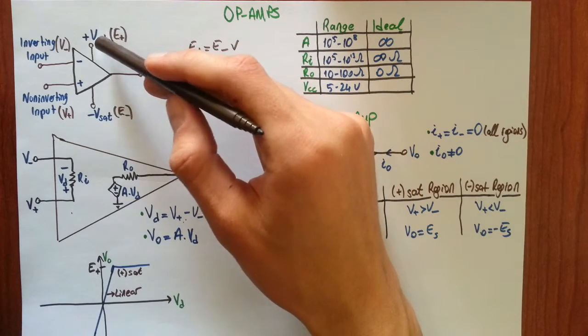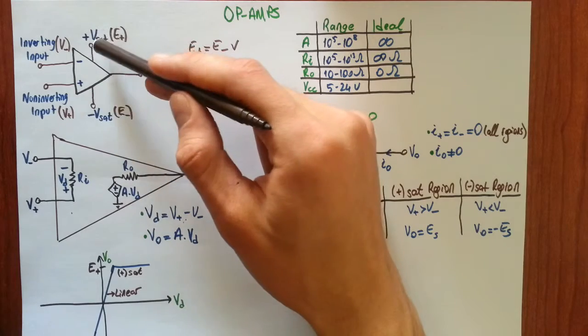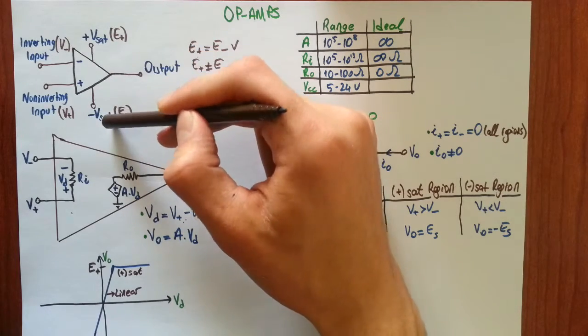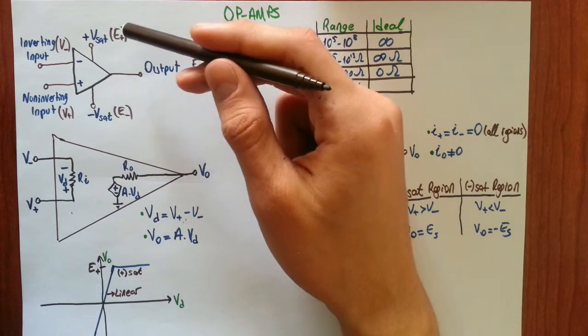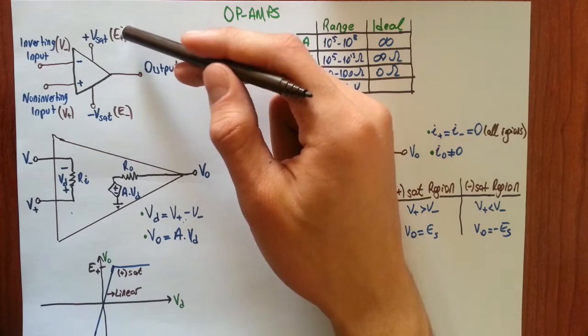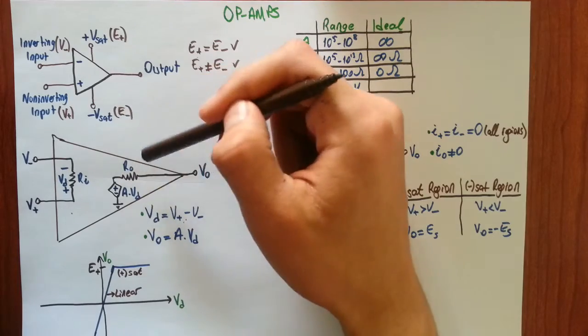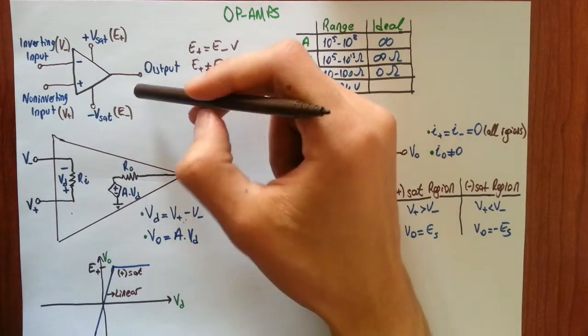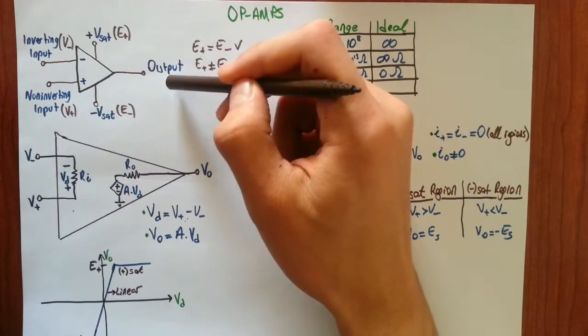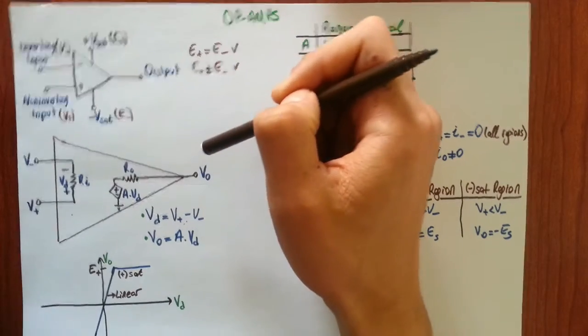For instance, if this is plus 12, this is minus 12, or if this is plus 15, that's minus 15. But for general cases, we denote this terminal by E sub plus, we denote this terminal by E sub minus, and the last terminal is the output terminal.